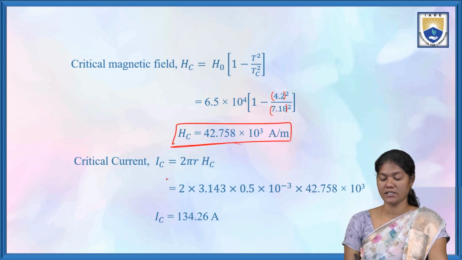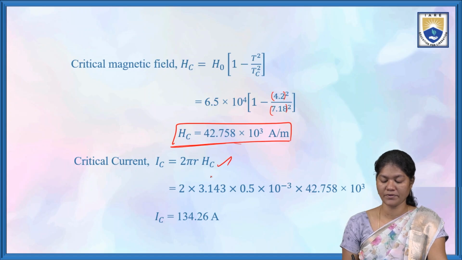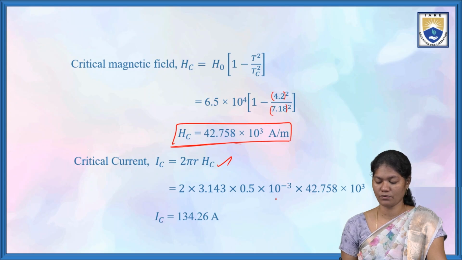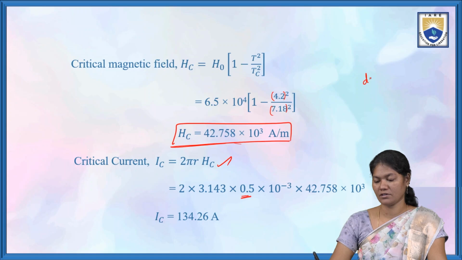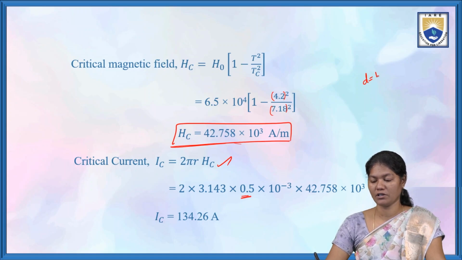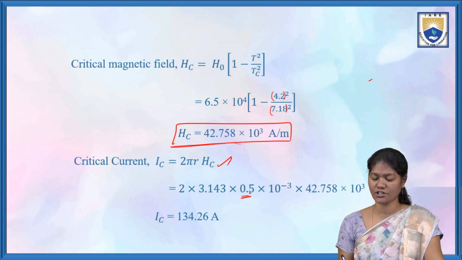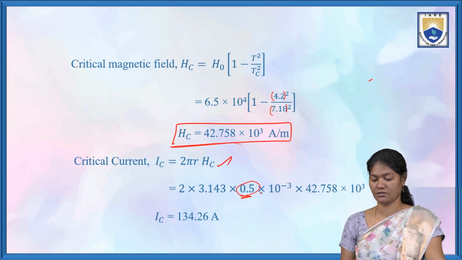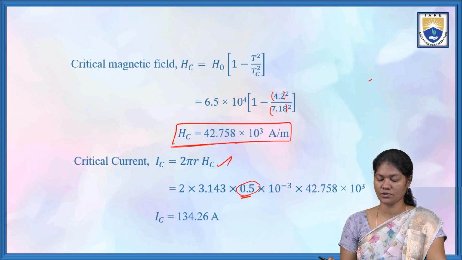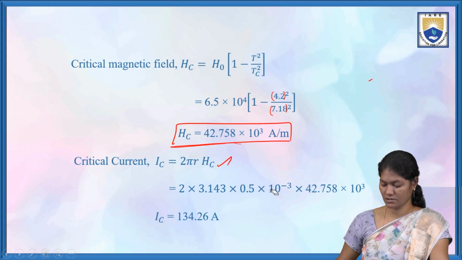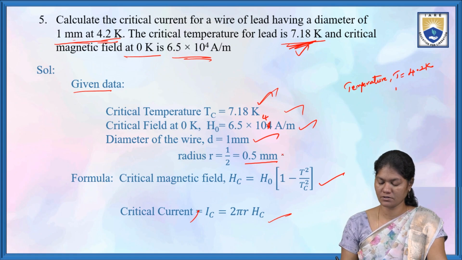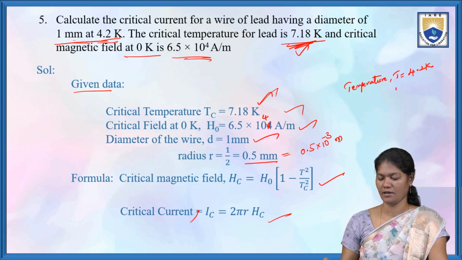For critical current, Ic is equal to 2 pi R Hc. So that is equal to 2 into 3.143 into 0.5, the radius. In the problem they gave diameter 1 millimeter. We need to change this into meters, so it becomes 0.5 into 10 power minus 3 meters.